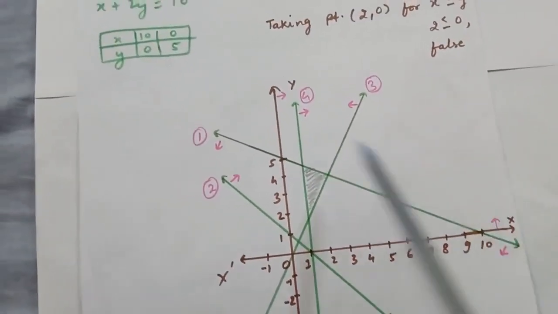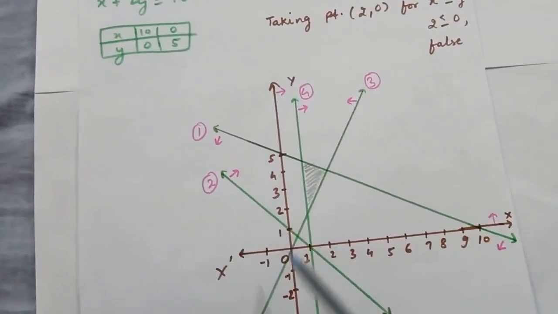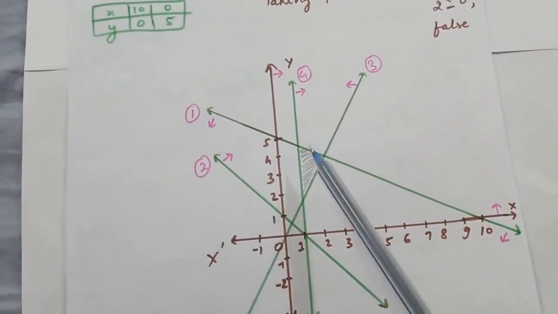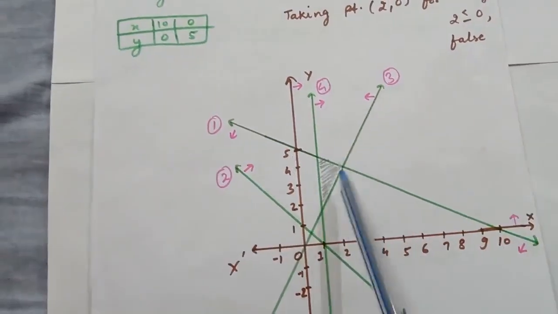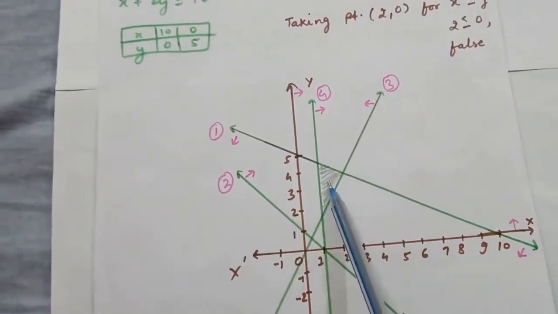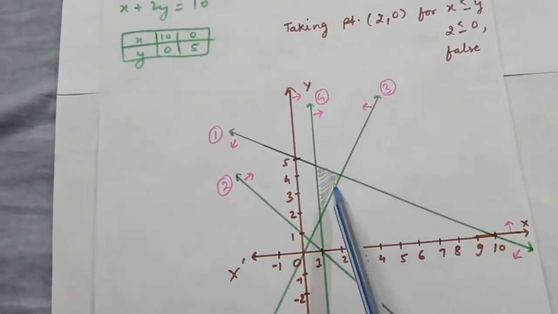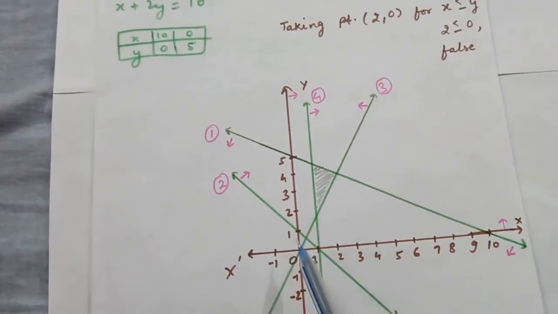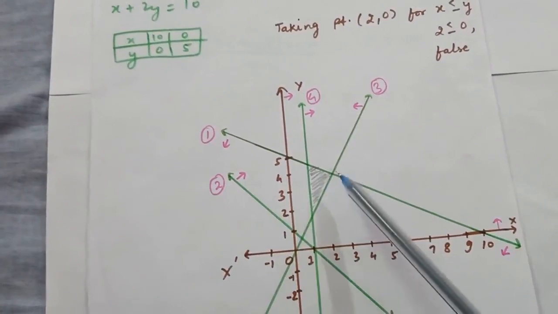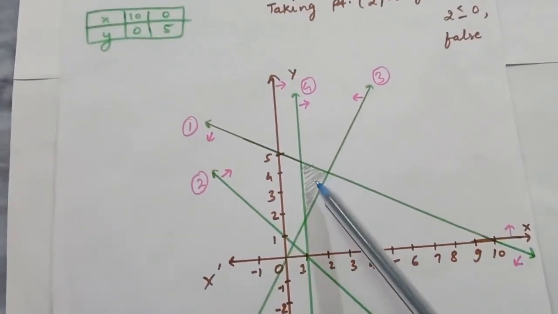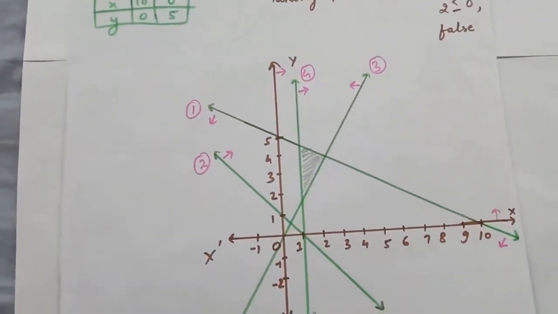So draw the arrow like this, right? Now when you find the common solution, you will get it as this. From this line we have to move this side, from this line we have to move this side, from this third line we have to move this side, right? And from the second line we have to move on the above side. So you will get this as your solution.